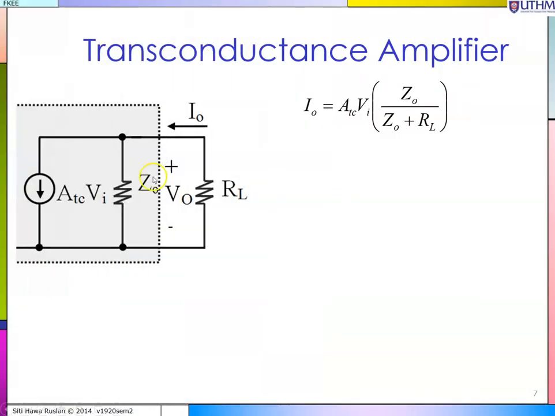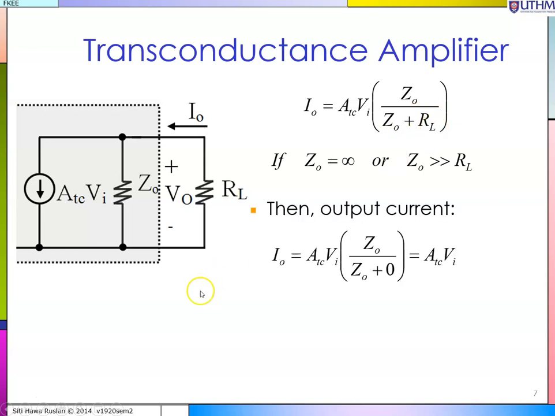At the output section, the Io is the current in the load. Okay, so we'll split into this branch, which is Atc Vi, and another branch over here. So using a current divider, your Io will be the source current over here, Atc Vi, multiplied by Zo divided by Zo plus RL. The ideal value of Zo should be infinity, so it will be much greater compared to RL, so we can ignore RL.